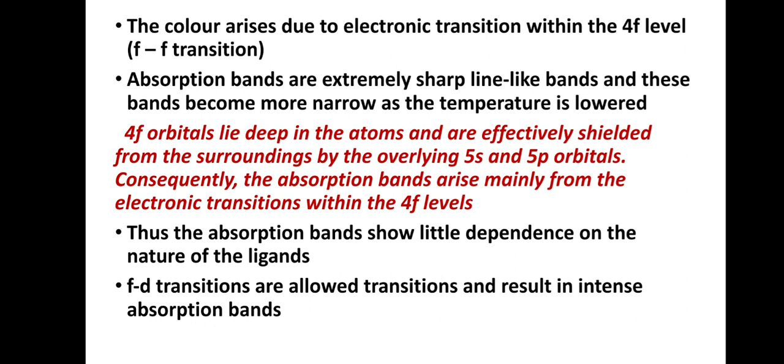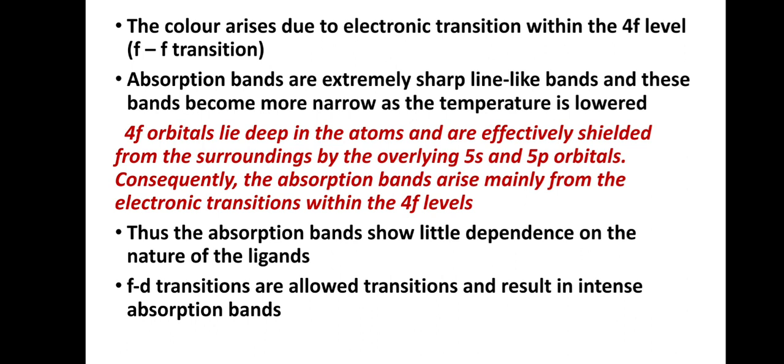In addition to these f-f transitions, there is one more type of transition which works in the color property of lanthanide ions, and that is the f-d type of transition. f-d transitions are allowed transitions, and as a result, they give intense absorption bands.